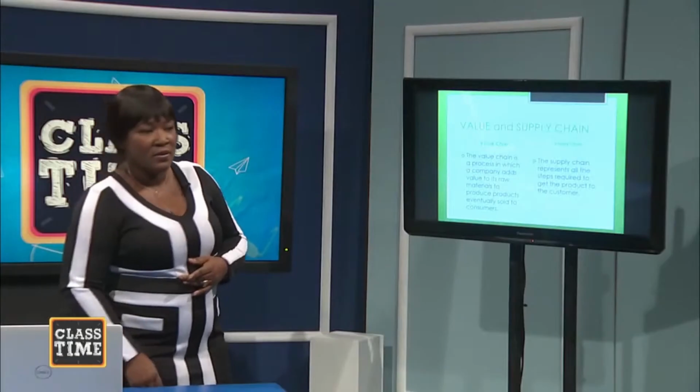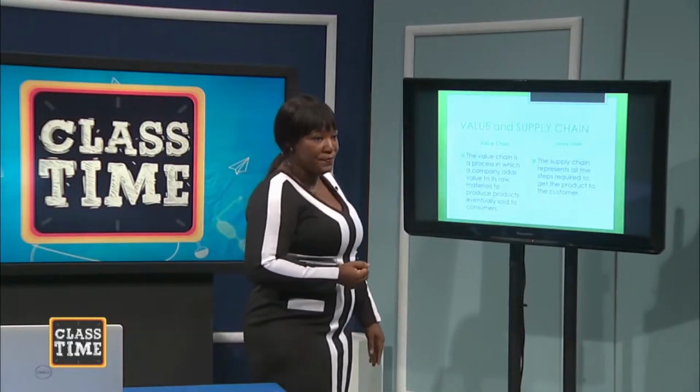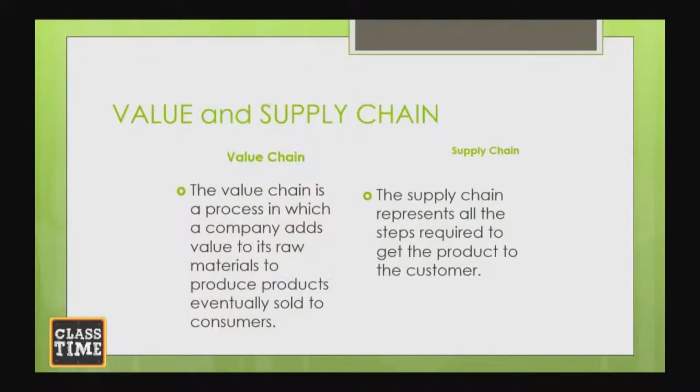So, what comes next is how we link together these functions. Value and supply chain. Now, the value chain looks at the process in which a company adds value to its raw material to produce a product. Eventually, it will be sold to consumers.